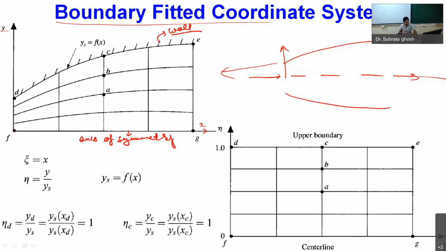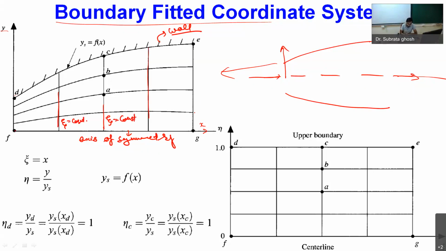Now obviously we have to transform this from the xy system to the zeta-eta system. In this direction, let us consider these lines as different constant zeta lines. For this line, zeta is constant. Here also we have some constant zeta.